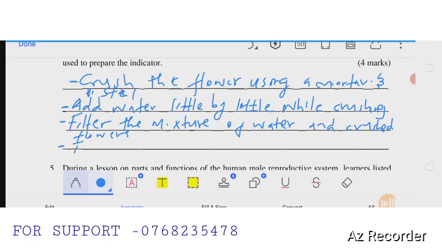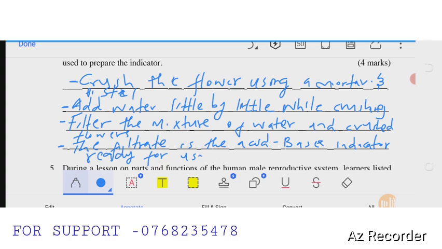The filtrate collected is the acid-base indicator, ready for use.